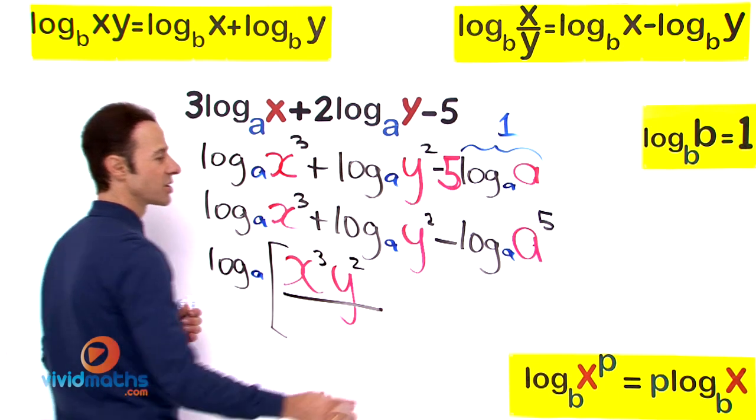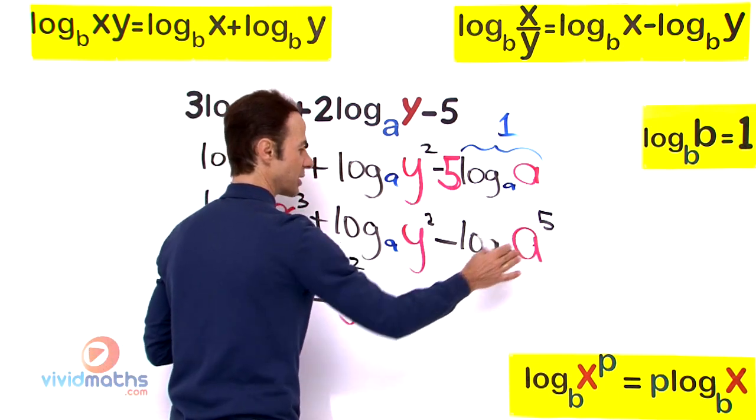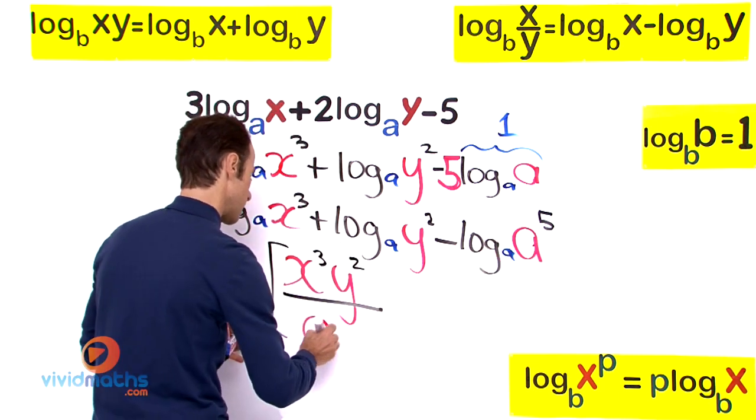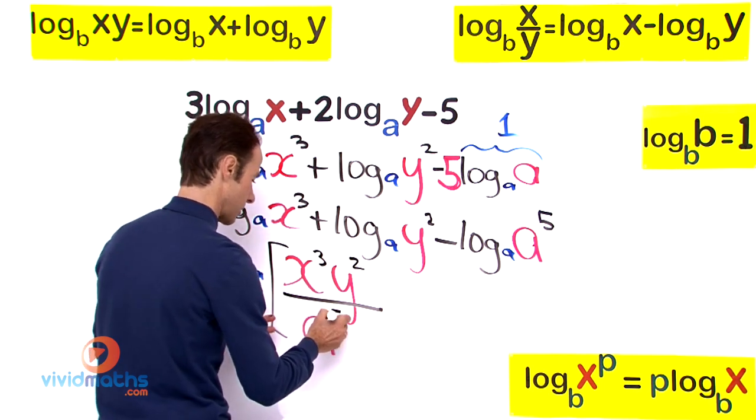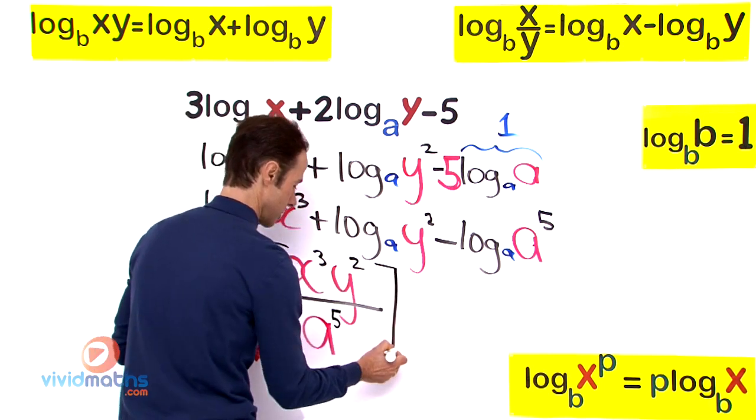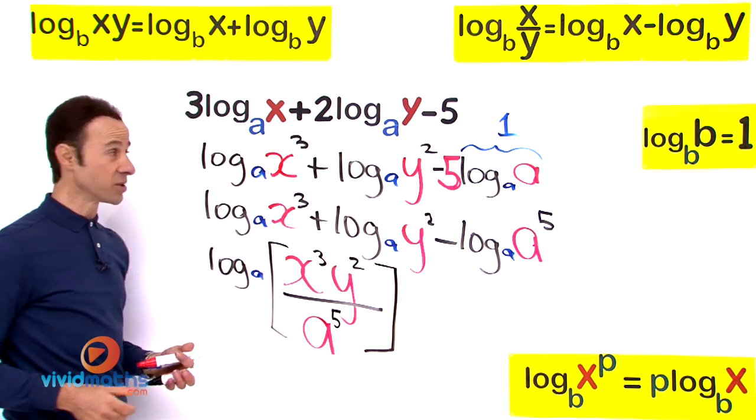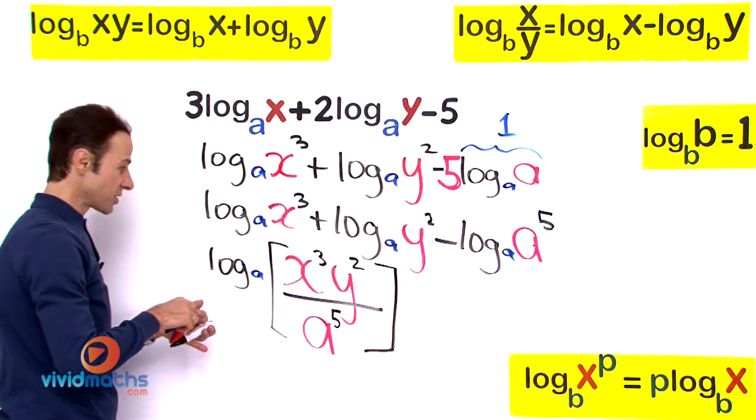Well, that's going to be just a to the 5 because it's all log A, right? So we take the a to the 5. That is more compressed now than that long expression. So that's our solution.